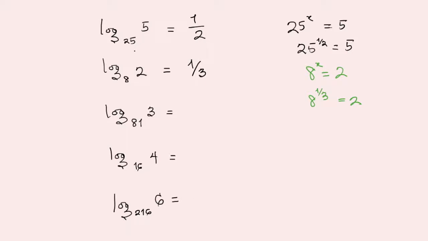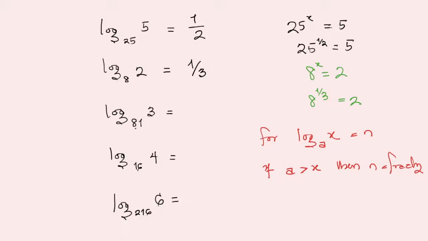So if you have log to the base a of x equals n, and a is greater than x, then n is likely to be a fraction. As we are seeing in this case, 25 is greater than 5, so n, which is our result, is likely to be a fraction, which is 1 over 2. 8 is greater than 2, which in this case also yields a fraction, 1 over 3.